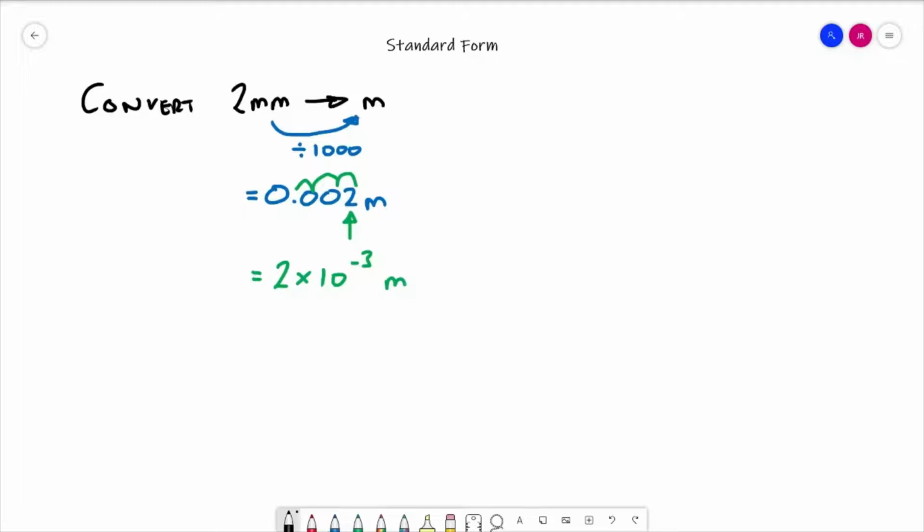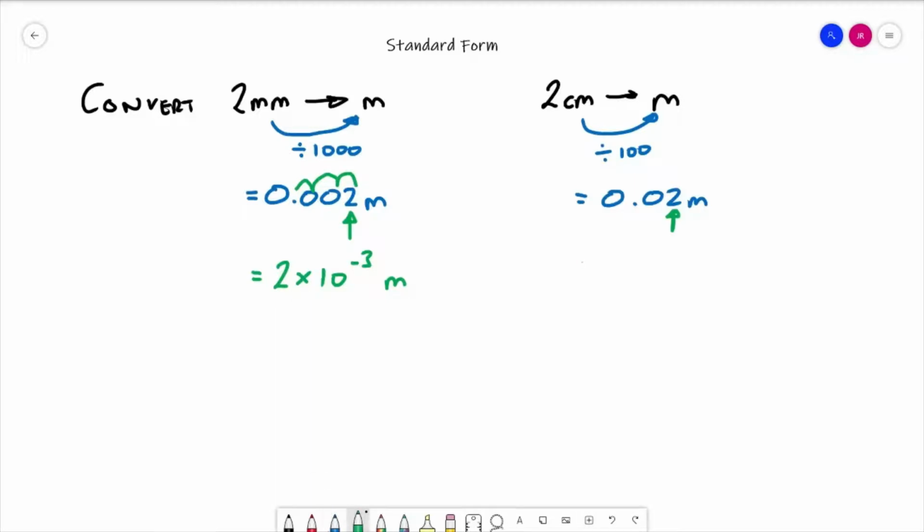If, of course, we were doing a centimetres to metre conversion, so let's say we're doing 2 centimetres into metres, where we are dividing by 100, the answer becomes 0.02 metres. And at that point, because we are using the hundredths placeholding, we're not going to bother converting into standard form.